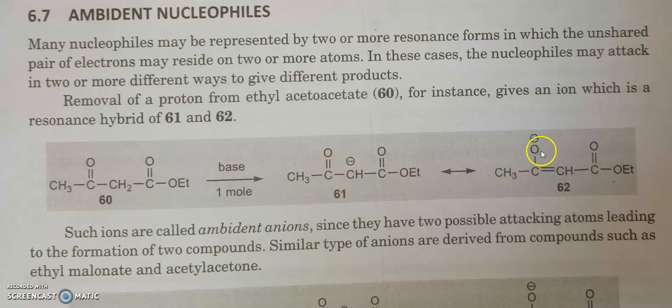Here carbon, here oxygen. Such ions are called ambident anions because there is this center and this center for the nucleophile. Since they have two possible attacking atoms leading to the formation of two compounds, similar types of anions are derived from compounds such as ethyl malonate and acetylacetone.